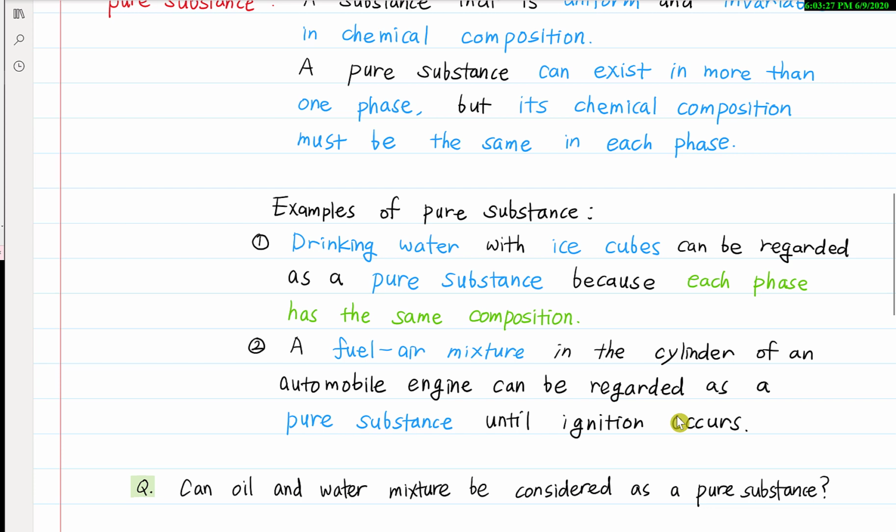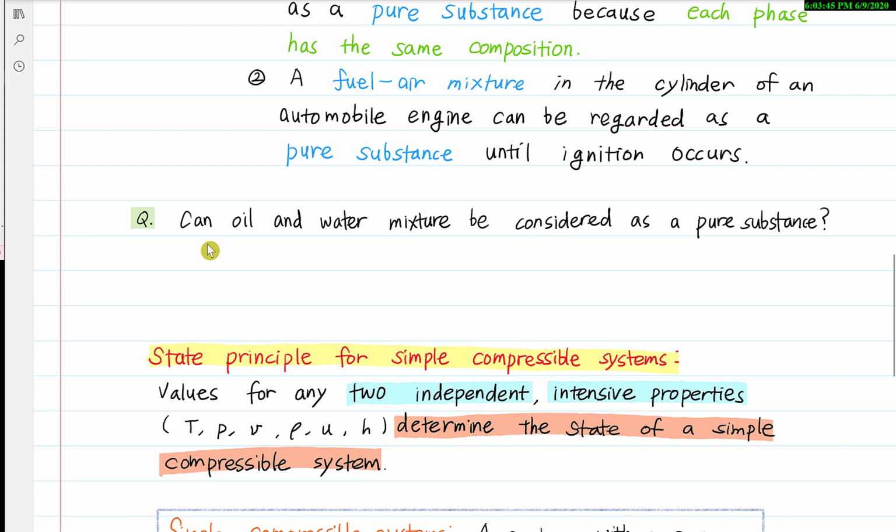In this class, we deal with pure substances like air, water, refrigerant, and air-fuel mixture. Here is a question: can an oil and water mixture be considered a pure substance? It is not a pure substance as they tend to remain separate.